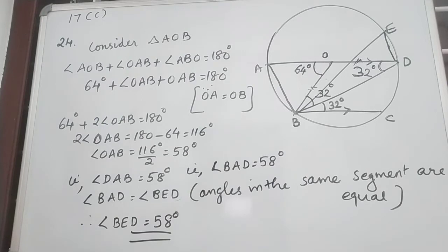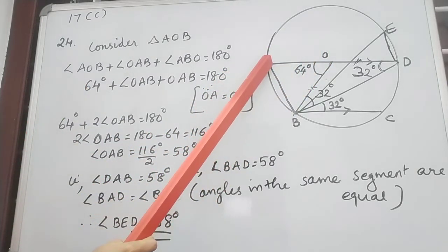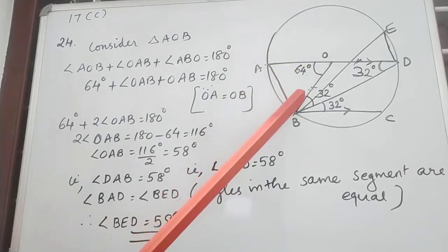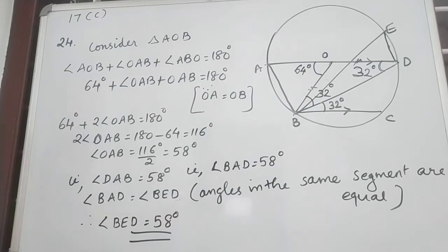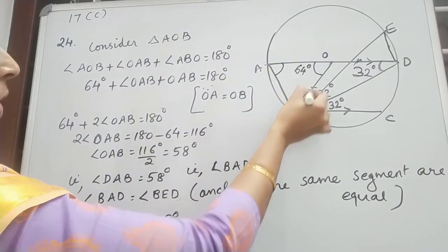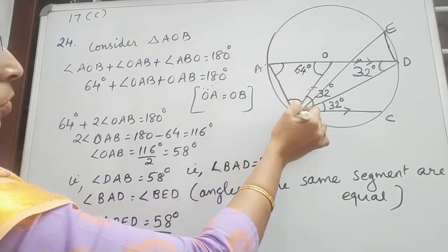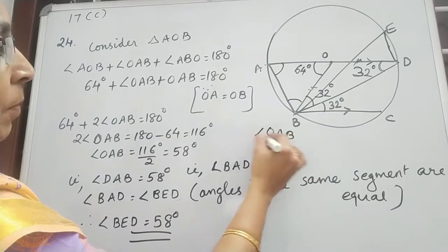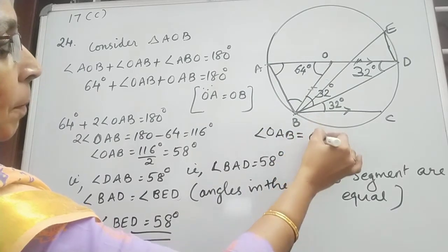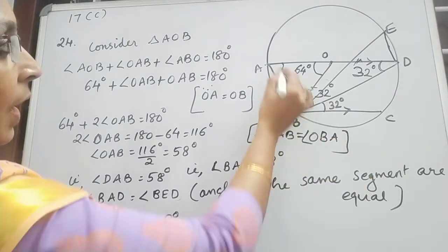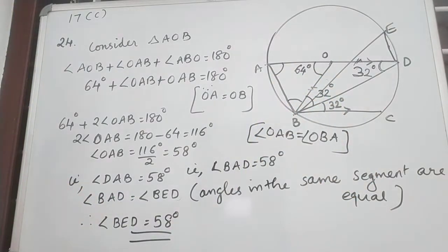Consider triangle AOB. We know OA is the radius and OB is also the radius. So angles opposite to those sides will be equal. That is, angle OAB will be equal to OBA, since OA and OB are the radii of the circle.